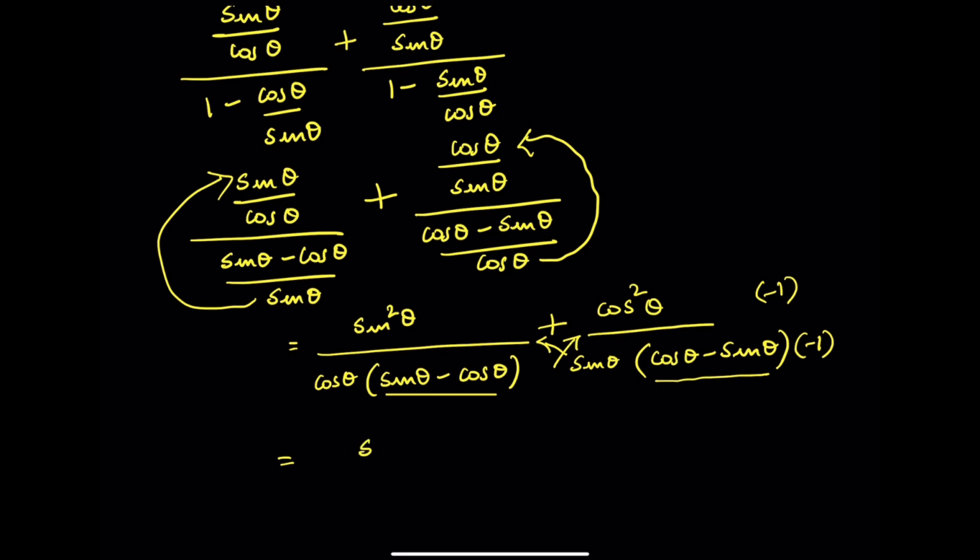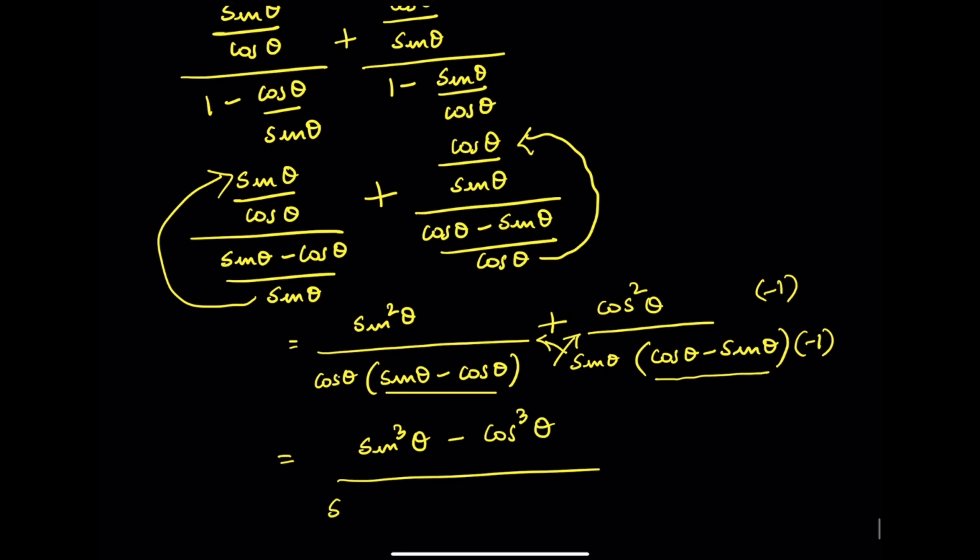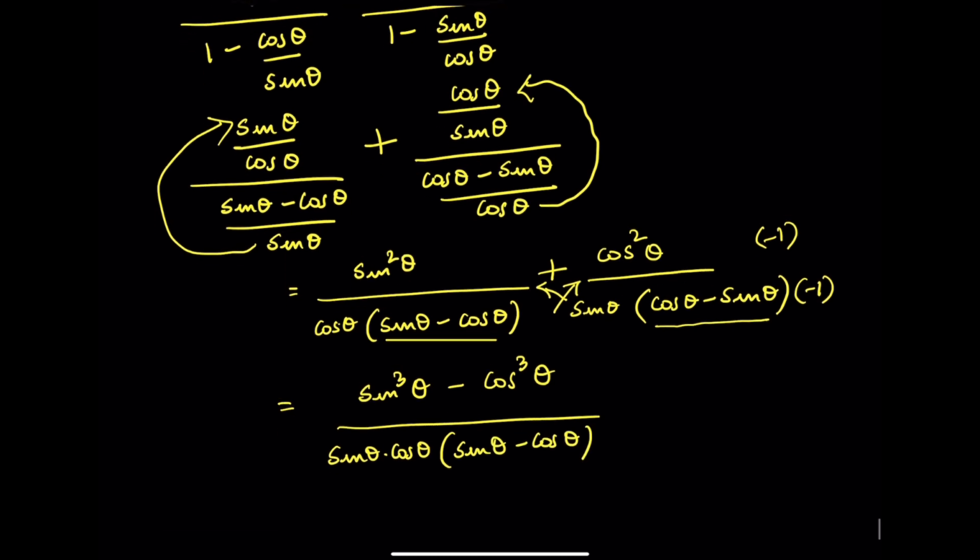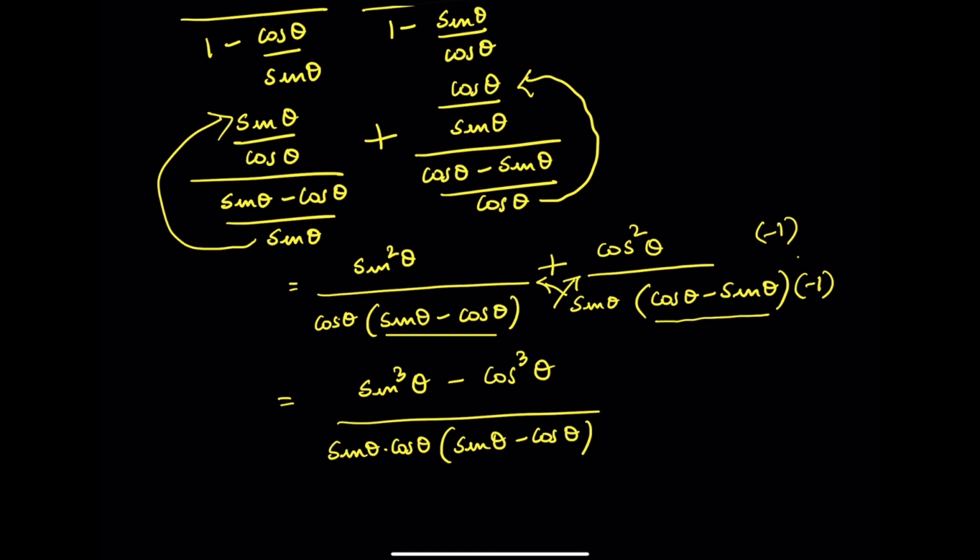So to take a common denominator, it will be sine cube theta, and this cos theta will be multiplied by cos square theta, but there is a negative sign, minus cos cube theta divided by sine theta cos theta, and sine theta minus cos theta is the common denominator now. How did we achieve this? We just multiplied and divided the second part, and when we multiply this minus 1 with cos theta, it becomes minus cos theta, and this part changes to plus sine theta. So we get a common denominator.